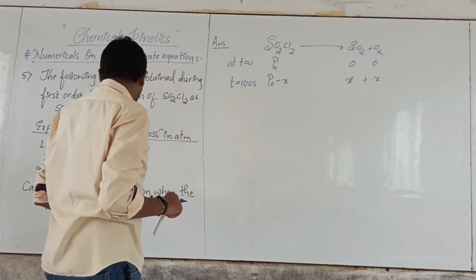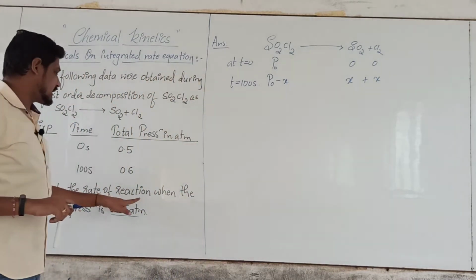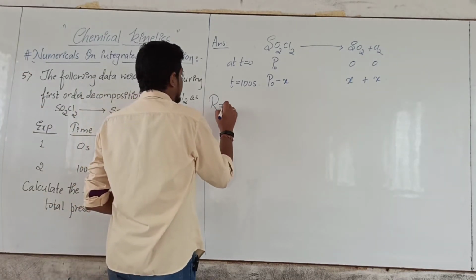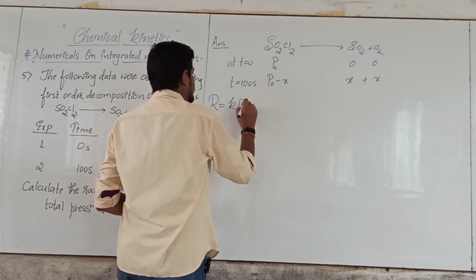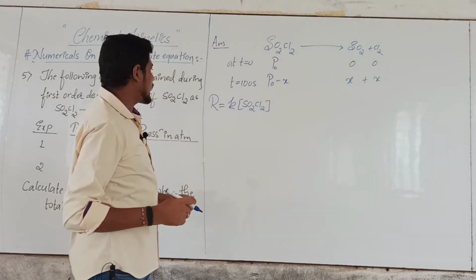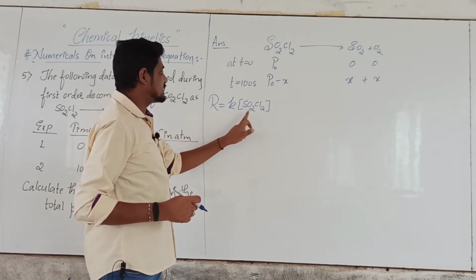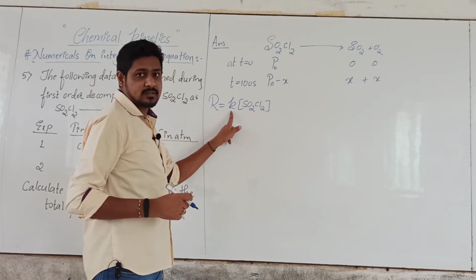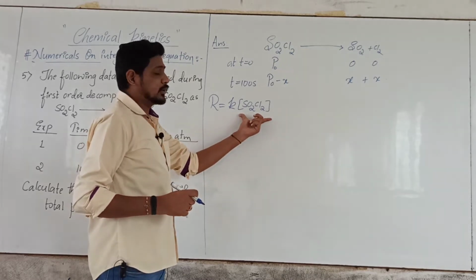As we are going to calculate the rate of the reaction, what is the formula, students? Rate of the reaction is equal to K into the concentration of sulfuryl chloride, isn't it? In order to get the rate of the reaction we have to get these two. So first we have to calculate the rate constant, then we can calculate the sulfuryl chloride pressure easily.